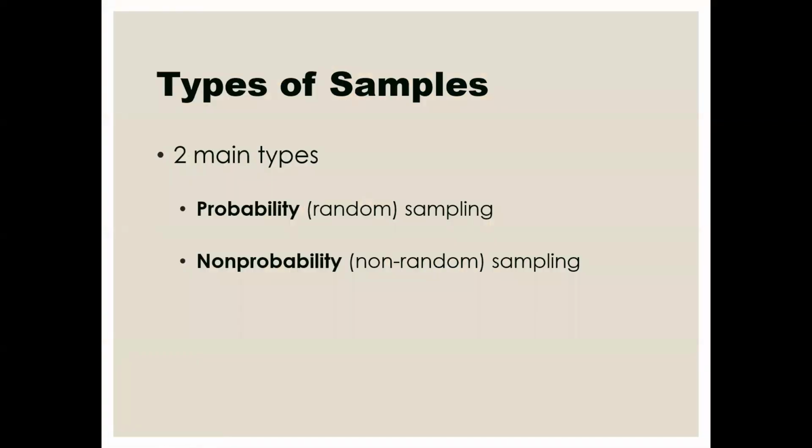Again, everything we talked about last time are these probability samples that are based on random selection. If somebody tells you I have a non-probability based sample, it means they're selecting it in a non-random way. So think of a convenience sample, or an availability sample, or a snowball sample.